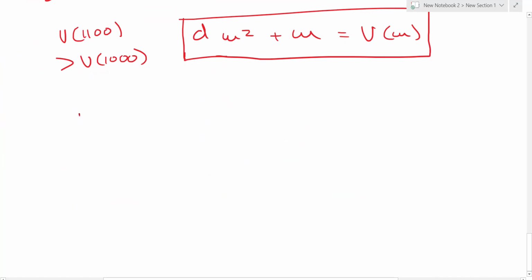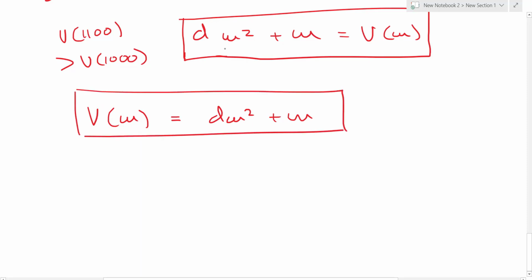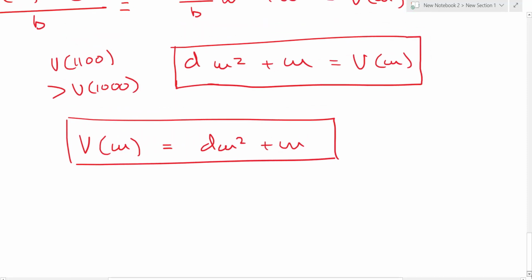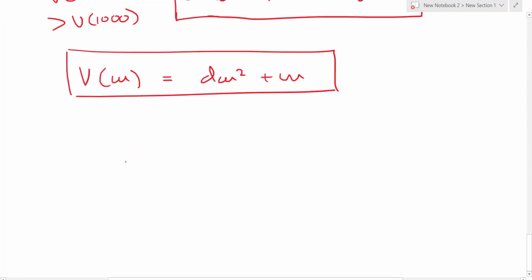So this is my standard form of a quadratic utility function, which we now call v of w: v of w is equal to d w square plus w. This is the utility function that the material works with. Now if I want to check the marginal utility, it would be v dash w, equal to 2dw plus 1.